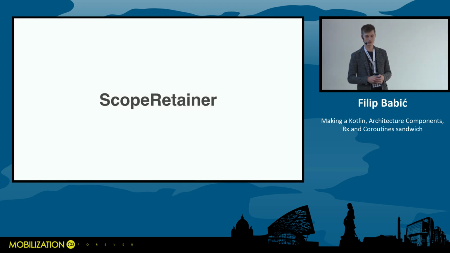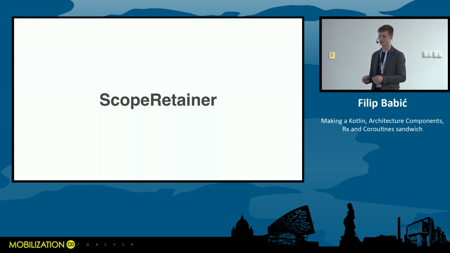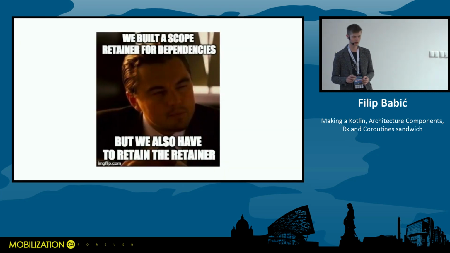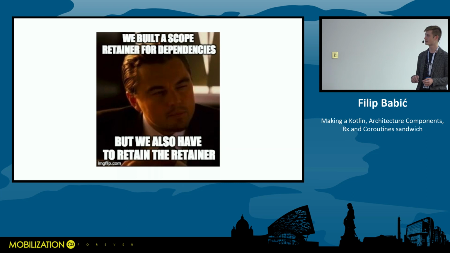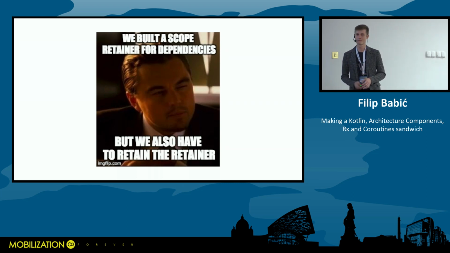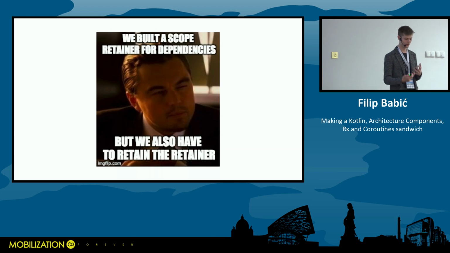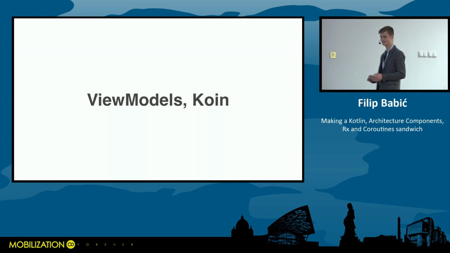So my team and I came to the conclusion to create a scope retainer. This would be a class which handles scoping of dependencies. But we immediately came to a problem: you have to build a scope retainer to retain dependencies, but you also have to retain the retainer, right? So it's kind of a backwards thing. We thought about how we're going to do this, and we came to view models and Koin again.